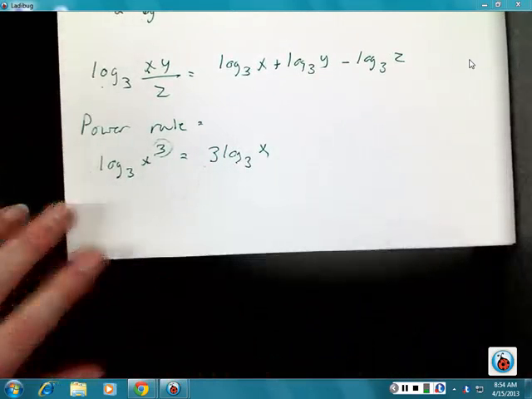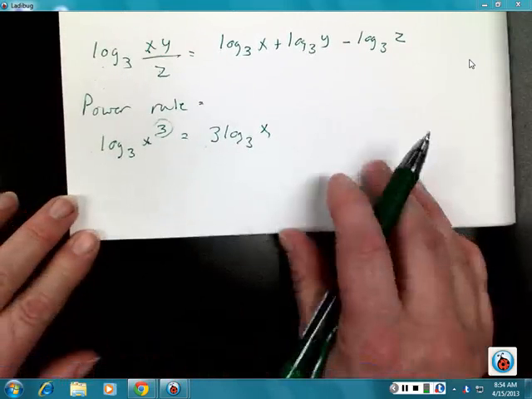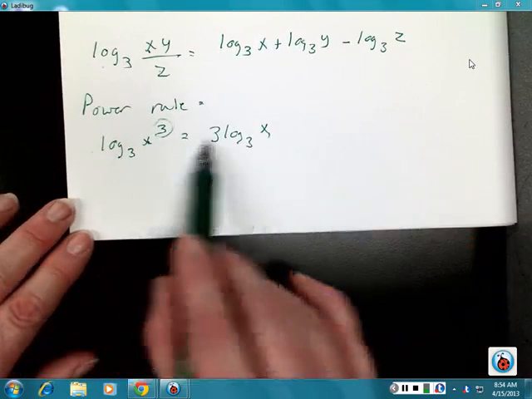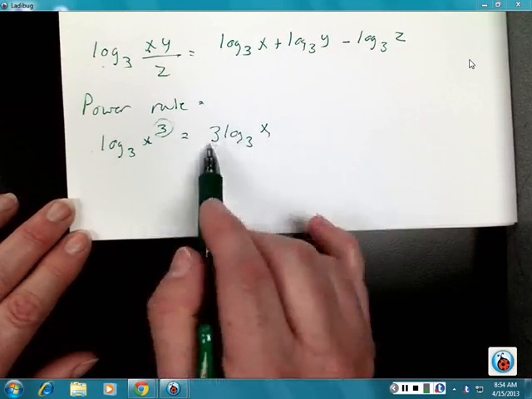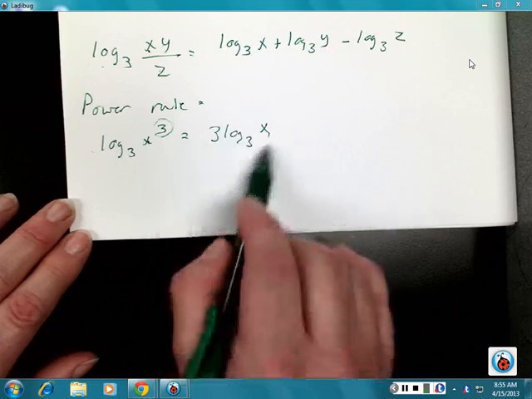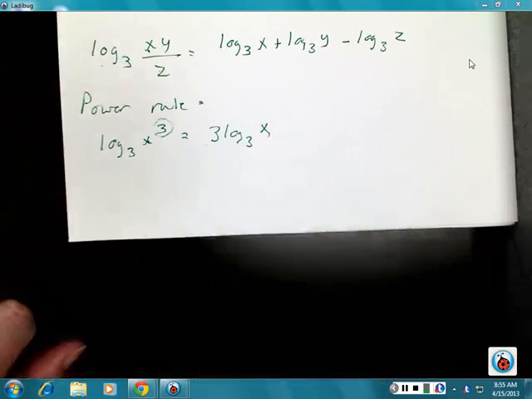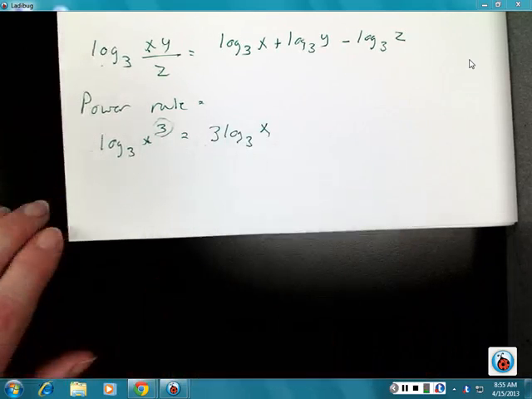So the 3 comes out at the very beginning of what you happen to have. Now, if you had combinations of these that ended up matching, and you have another one that's next to it, you can treat this as if it were the x or the variable portion, and you could combine those together. As long as your base is the same and your letters are the same, you could end up combining them at that point.